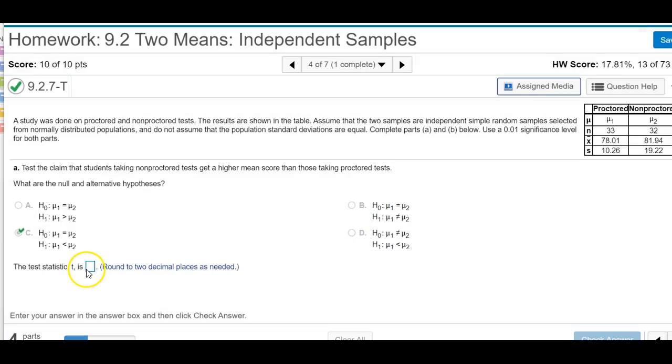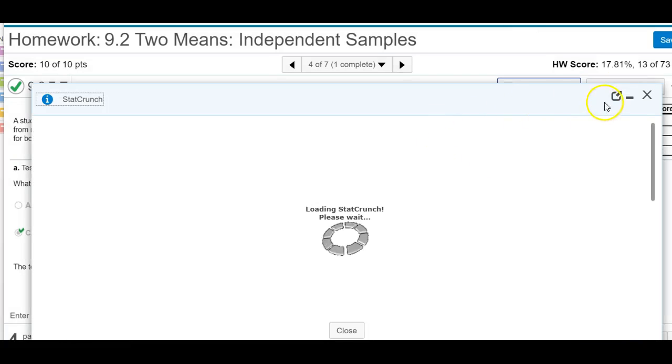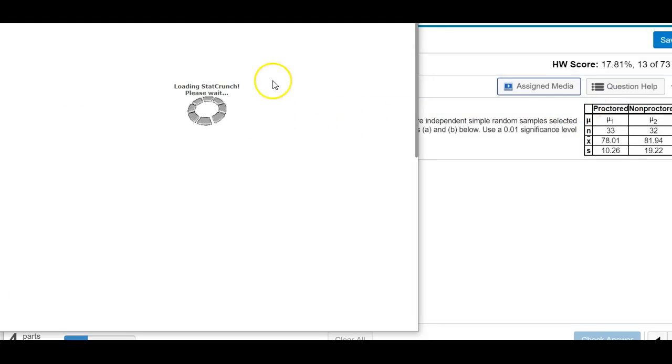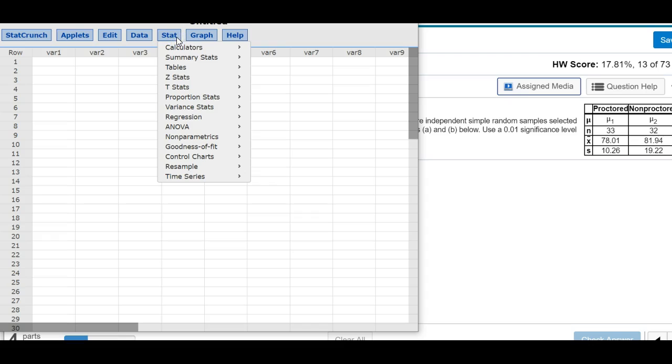We're going to look at the T statistic. You can definitely plug the information into your calculator. If I open StatCrunch, I can also plug that information in, and it should give me the T statistic. I'm going to click on Statistics, go to T statistics, and look at two samples with summary.